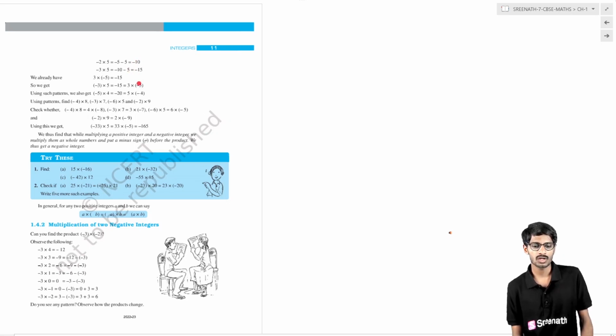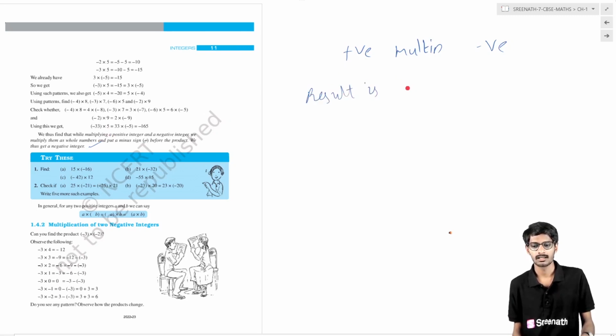Following this order, we have concluded that while multiplying a positive integer and a negative integer, we multiply them as whole numbers and put a minus sign before the product. We thus get a negative integer. So what happens when a positive integer is multiplied by a negative integer? The result is negative.